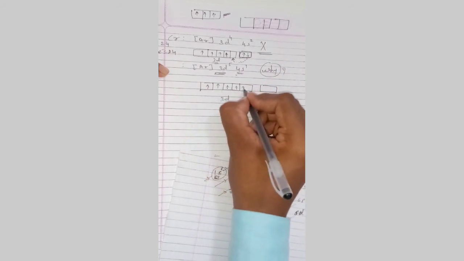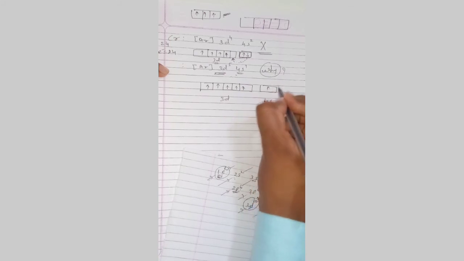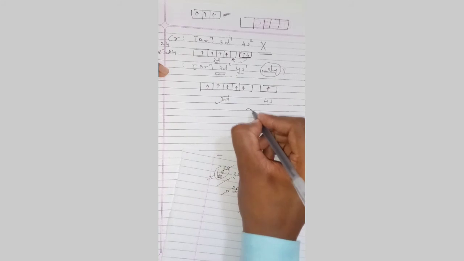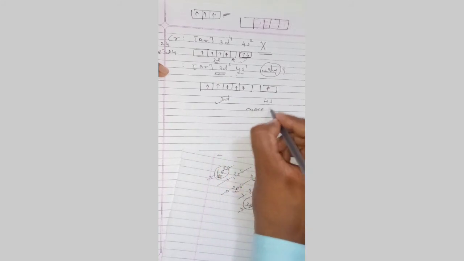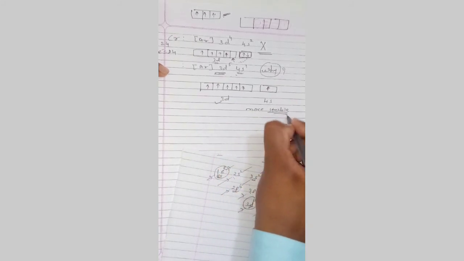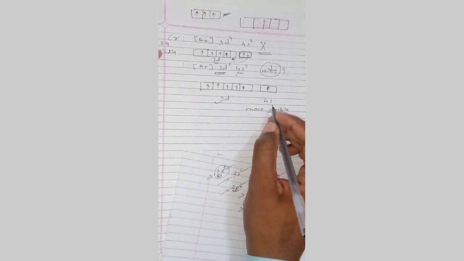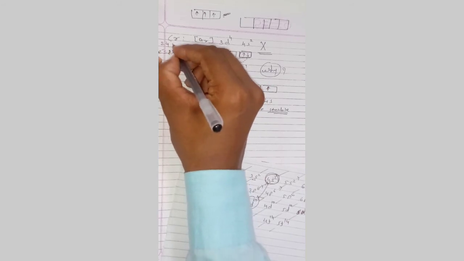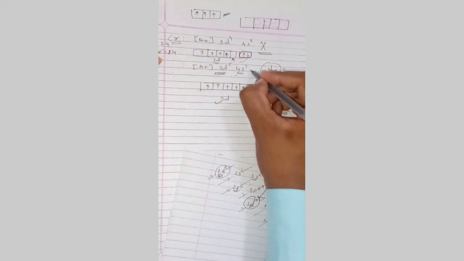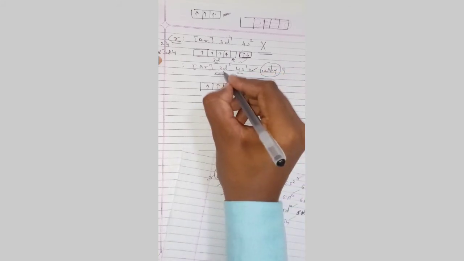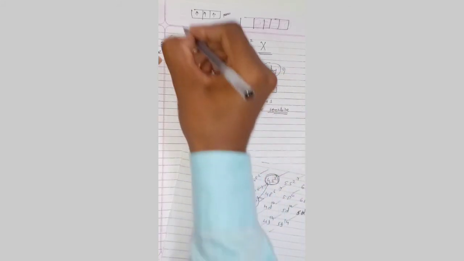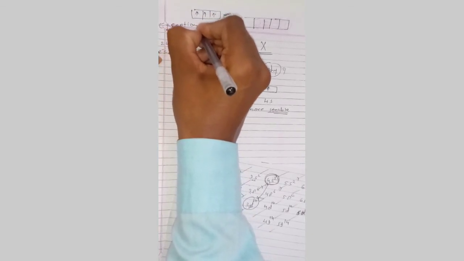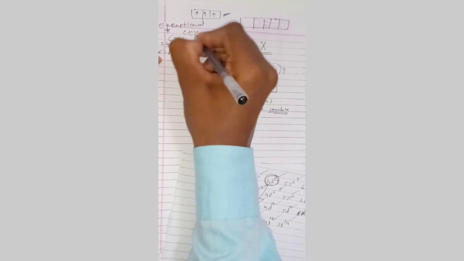So 3d is half filled and 4s is also half filled, and this type of condition is more stable, and that's why the electronic configuration of chromium is considered as 3d5 and 4s1. This is an exceptional case.